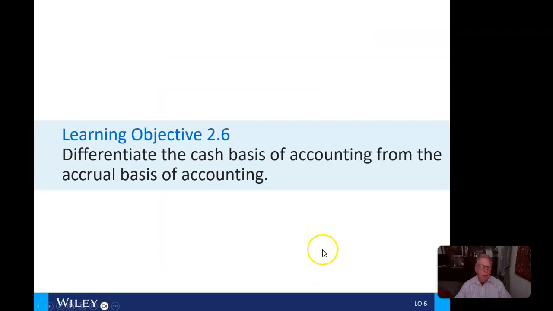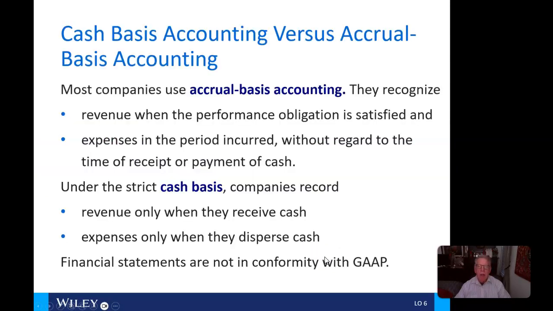So I think you pretty well know this too as a review. Cash basis accounting versus accrual basis accounting. Cash basis accounting, we're going to record everything when we pay it in cash or receive it in cash. That is not acceptable under GAAP as shown here.